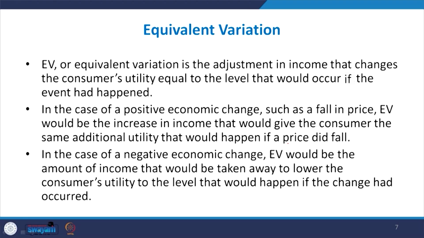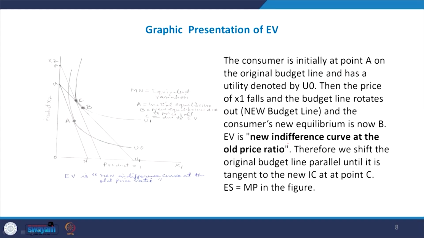In the case of a negative income change, equivalent variation would be the amount of income that would be taken away to lower the consumer's utility to the level that would happen if the change had occurred. Now, look at this graph of equivalent variation.